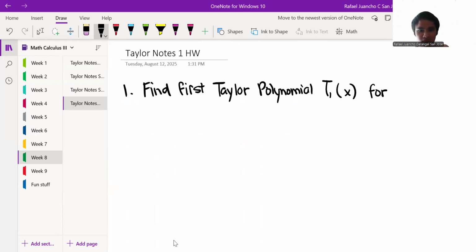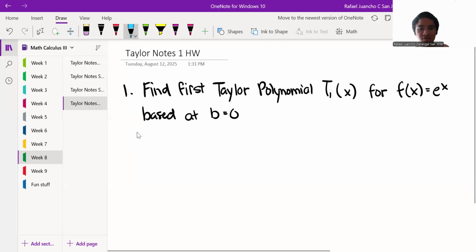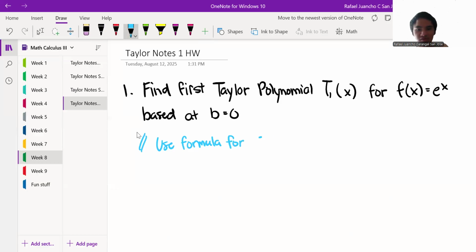This is going to be some function f of x, e to the x, and this is based at b equals 0. So here we're just going to use the formula for t sub 1 of x.